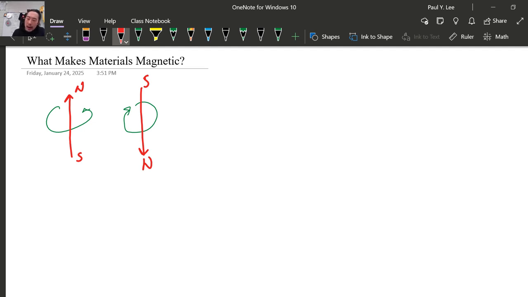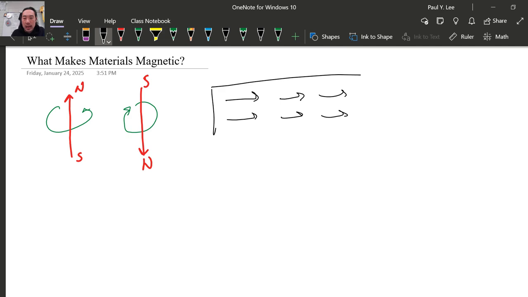Now, if we have these dipole moments, let's take a look at what they look like for a true magnet. For a true magnet, you have these dipole moments and they are all aligned. And so if I were to draw a physical box around this, essentially you have a south side here.